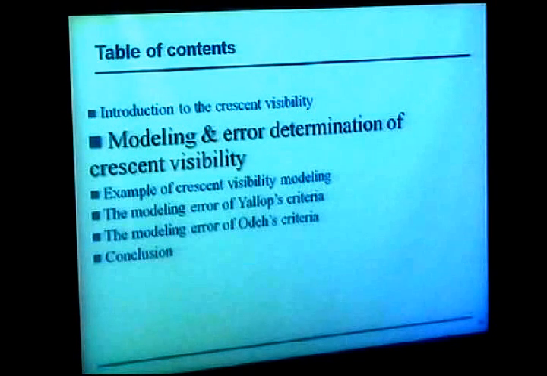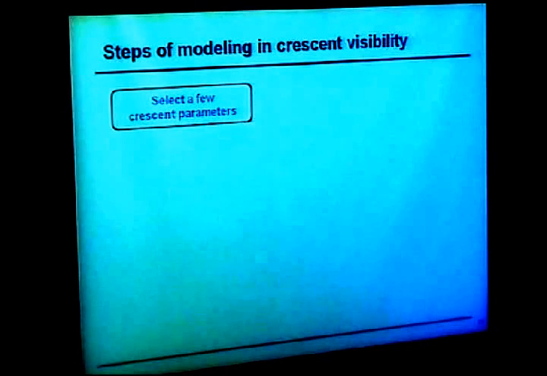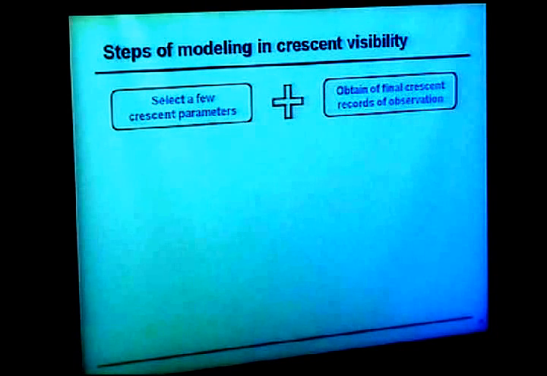We continue with modeling and error determination in crescent visibility. The steps are: first, select a few crescent parameters and obtain final crescent observation records, such as the observation records by Mr. Rustemi, Mr. Ghazimir Said, and others.